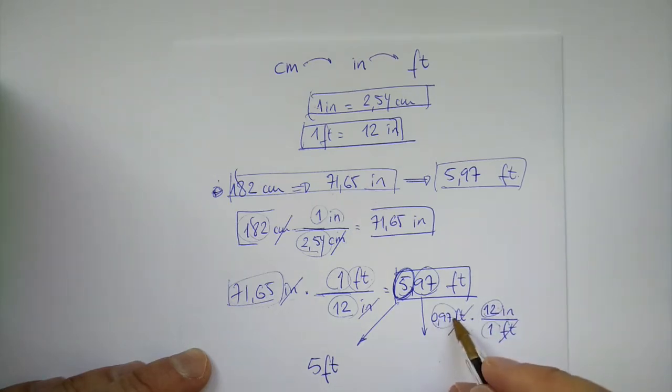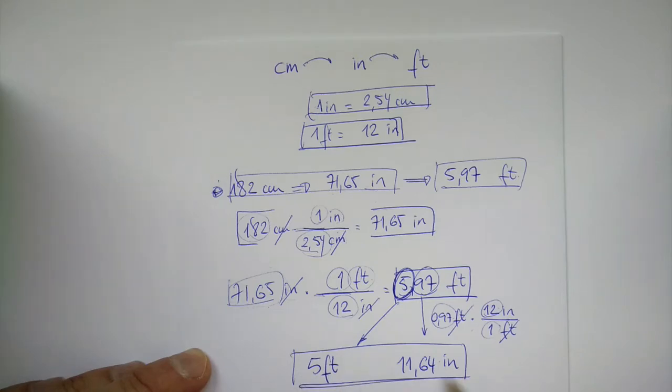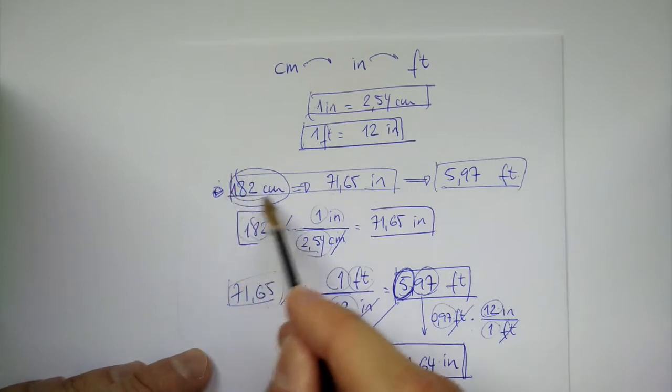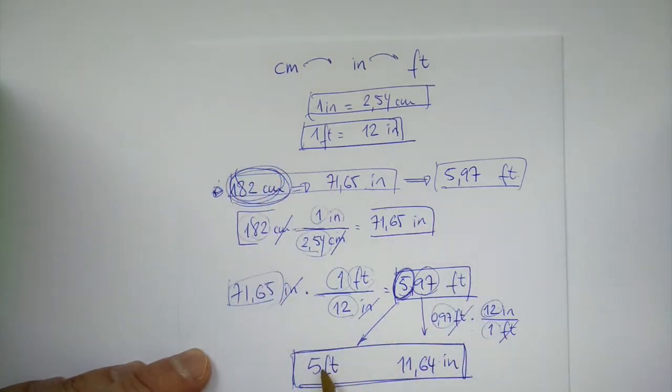And we are left with inches. We have 11.64 inches. So the height is 5 feet, 11.64 inches. This is the way Americans calculate height.